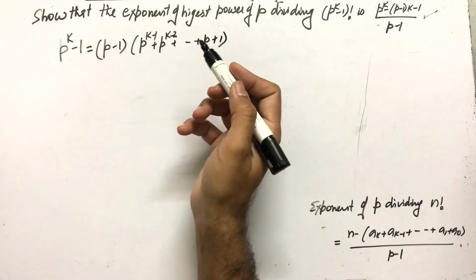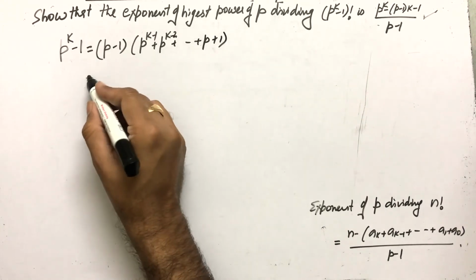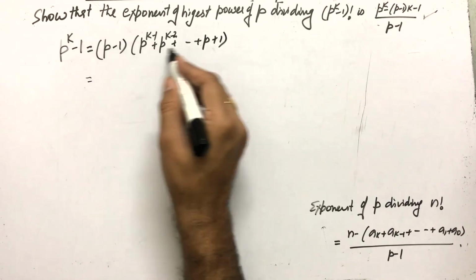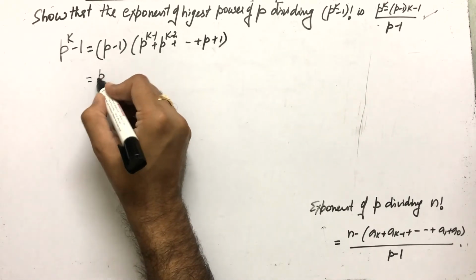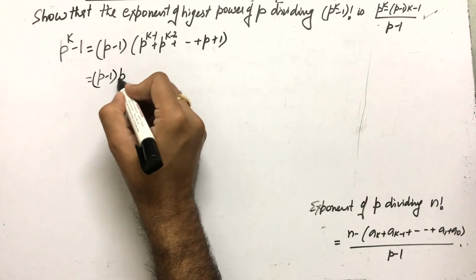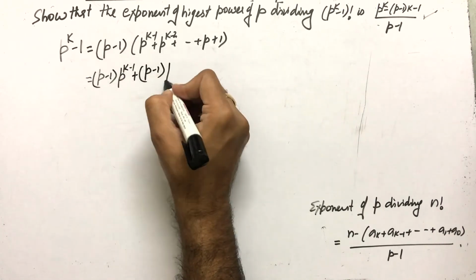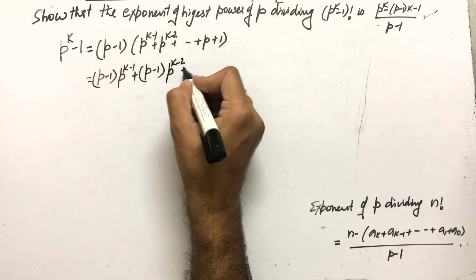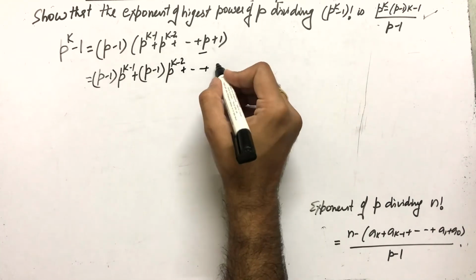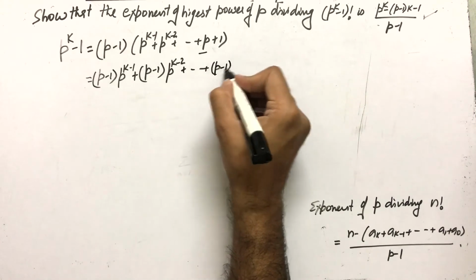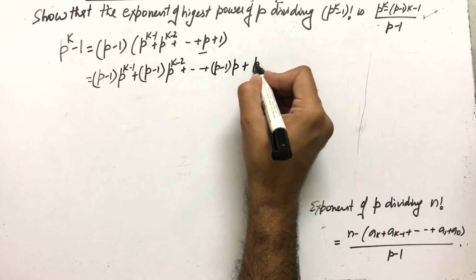All other terms will cancel out. Now if you expand this product, what it becomes? P minus 1 into p power k minus 1, p minus 1 into p power k minus 2, and when you multiply by p, what we have? P minus 1 into p plus p minus 1.